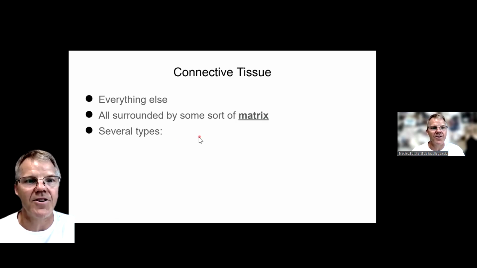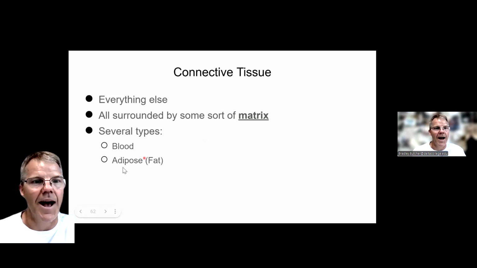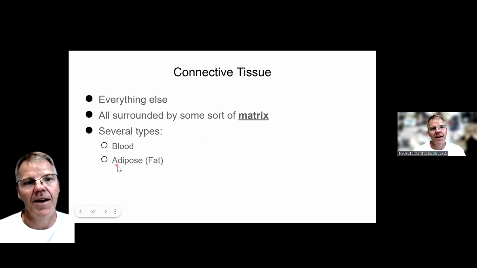Several types of connective tissue. Blood is actually a connective tissue surrounded by a matrix of water. Adipose, or fat tissue, is connective tissue surrounded by fat deposits or oily lipids. Bone is a connective tissue. Bone cells are separated and surrounded by a calcium matrix.